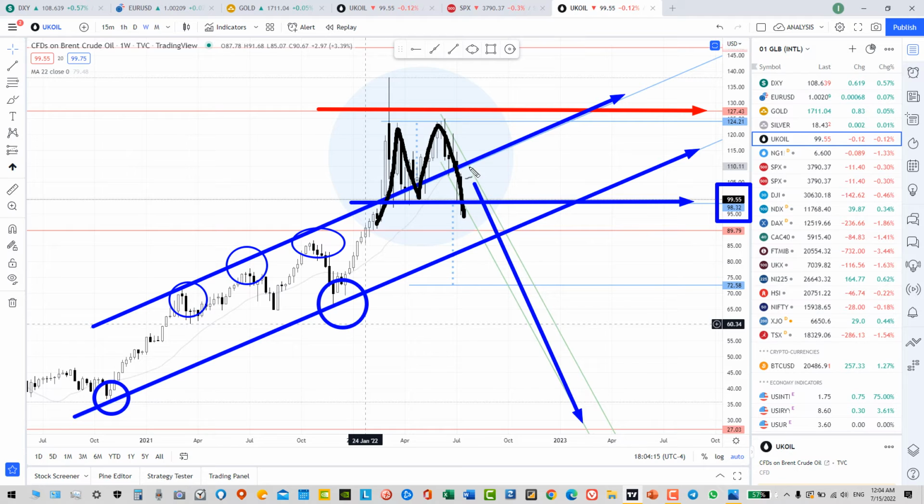If this pattern completed and the break of the neckline is valid and confirmed, I think this trend will be broken and it will not be an uptrend anymore. Mostly it will be a downtrend.